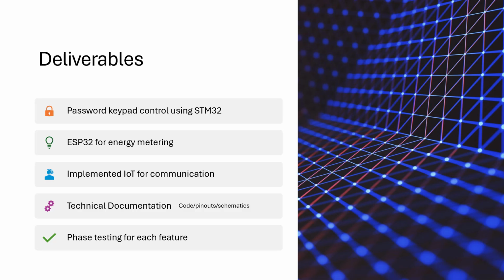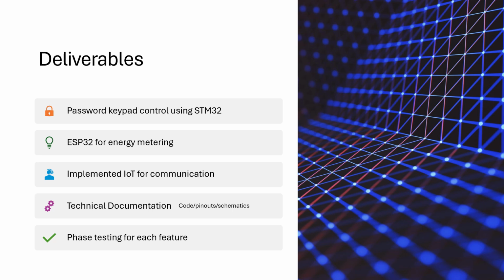For our deliverables, what we want to accomplish with this project is to have a password system that will grant access through password verification and make sure that it is giving you access if you enter the password correctly.